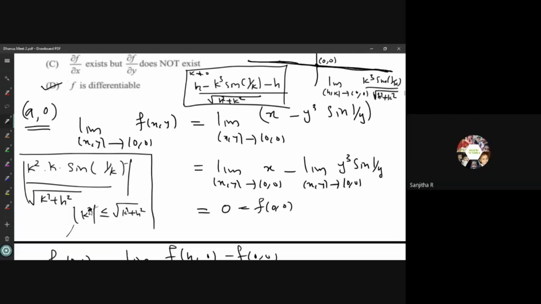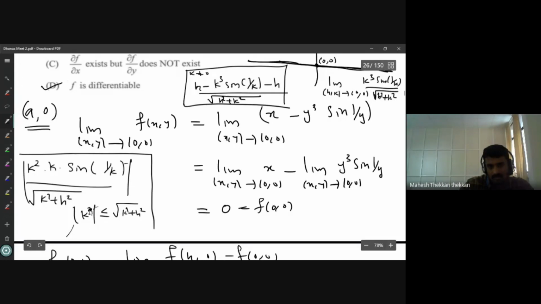Yes, sir. Once you square on both sides, this will be bigger, right? So I can write this total value will be less than or equal to k square, because sine 1 by k is bounded by 1 and k by root k square plus h square is bounded by 1. Then the only thing remaining is k square.